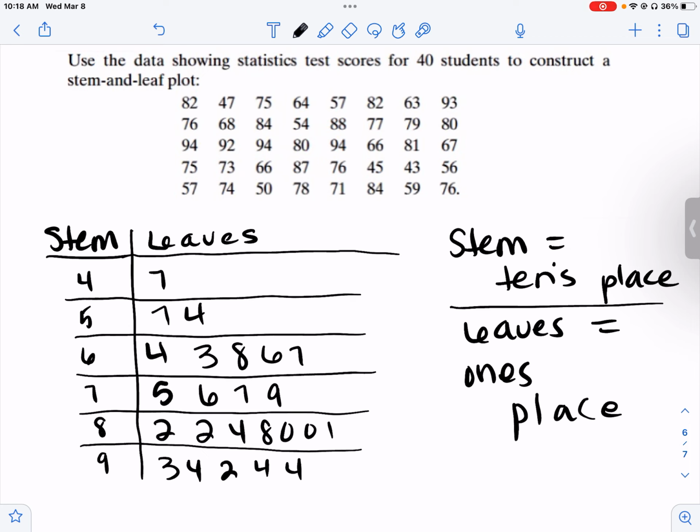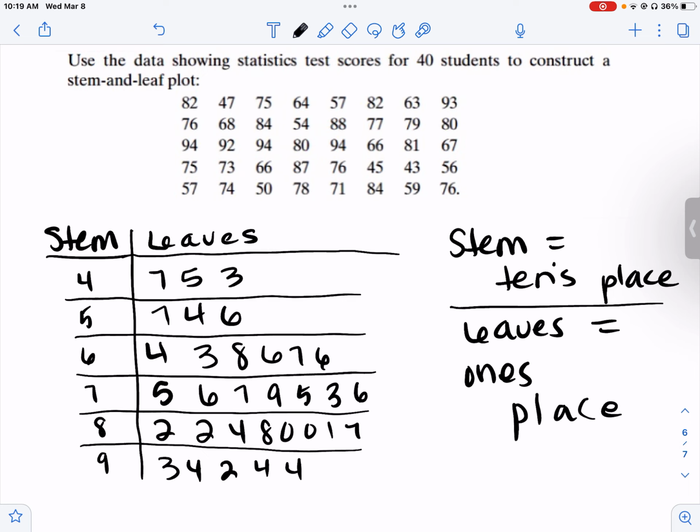The fourth row, 75, 73, 66, 87, 76, 45, 43, 56.